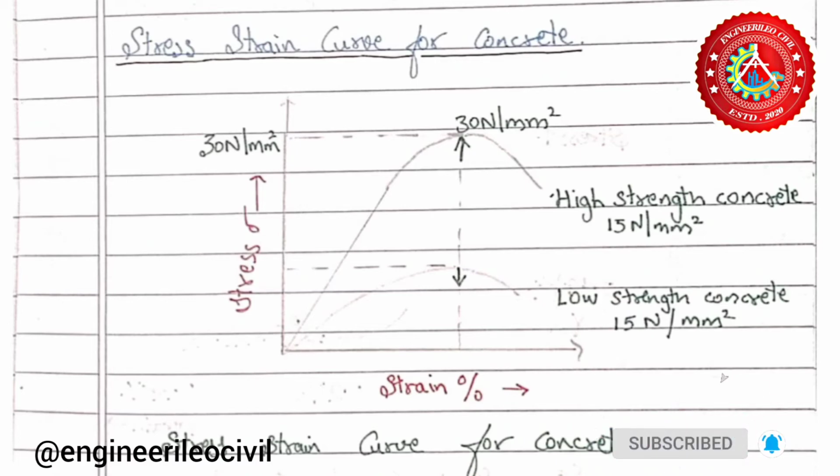Ascending part is generally parabolic for all types of concrete. Curve is approximately linear for 0.6 times peak stresses. Here we have seen the different properties of this curve, which shows the stress in y-axis and strain in x-axis, with a differentiation of high strength concrete and low strength concrete curve.